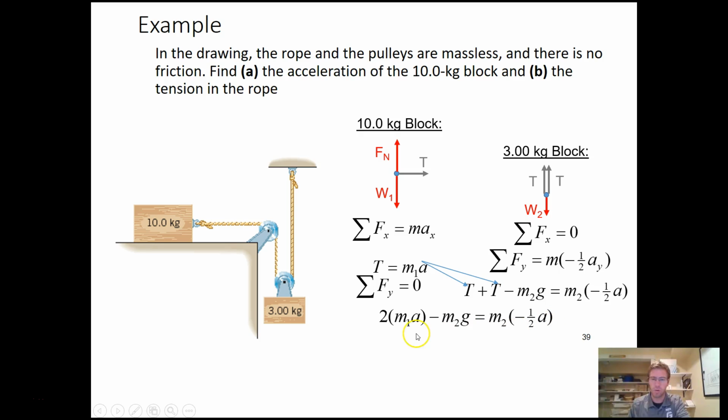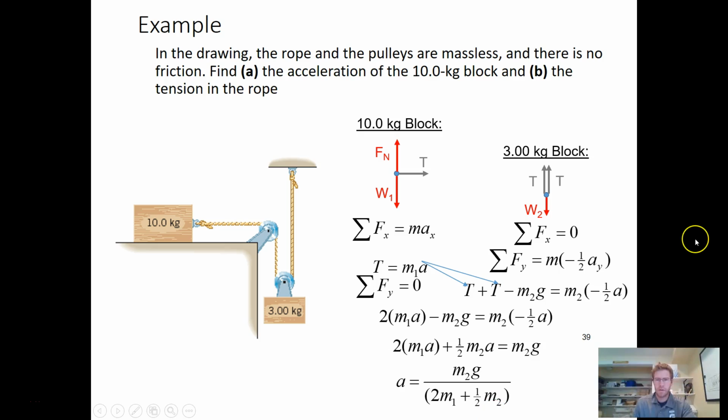Acceleration is our only unknown, so we can use algebra to solve for acceleration: get our accelerations together, factor out acceleration and divide, and you find that acceleration is equal to the weight of the 3 kilogram block divided by 2 times m1 plus 1/2 m2, keeping in mind m1 is 10 kilograms and m2 is 3 kilograms.